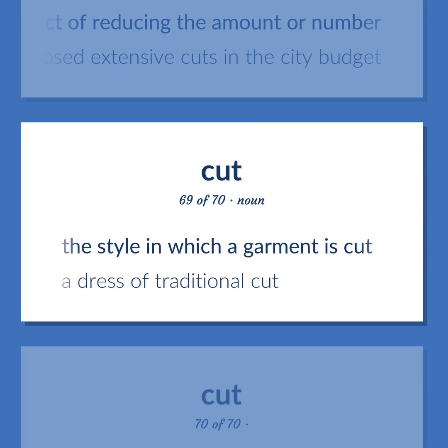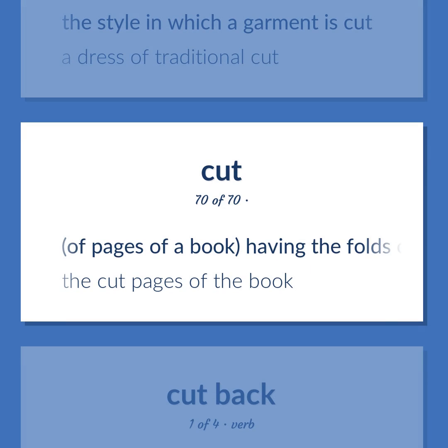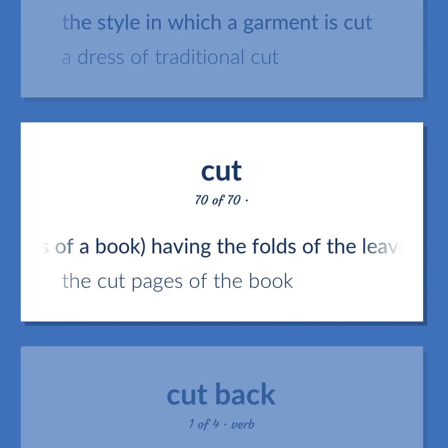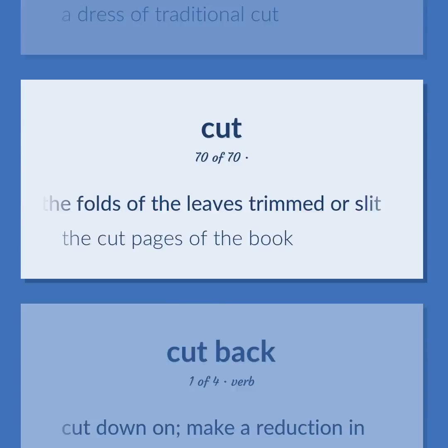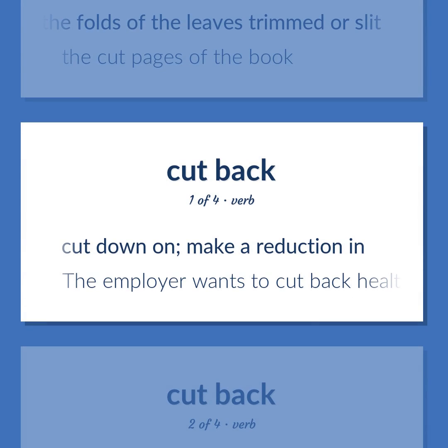The style in which a garment is cut. A dress of traditional cut. Of pages of a book, having the folds of the leaves trimmed or slit. The cut pages of the book. Cut down on. Make a reduction in.